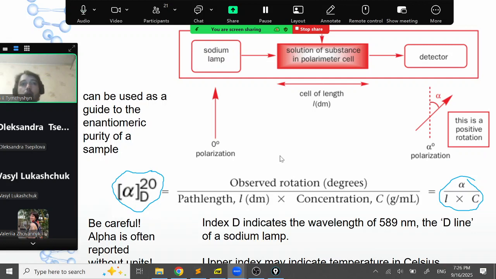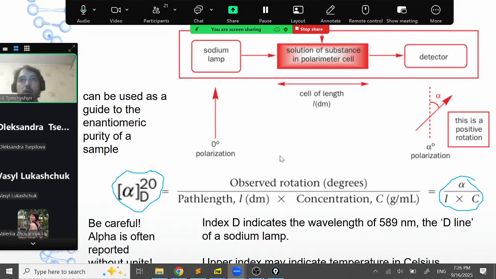If we want to compare what we have measured, we should think of some parameter or value that will be independent of the arbitrarily chosen parameters of the experiment. You may choose a longer sample tube or shorter, but you don't want that length to be included into the result, because we are interested in the chemical that we are working with. So we don't want to include arbitrary things that are not relevant to the problem.